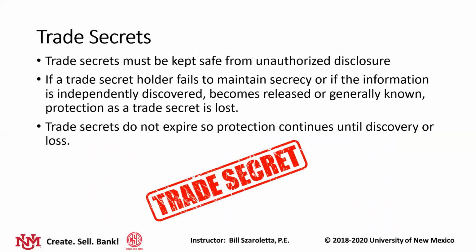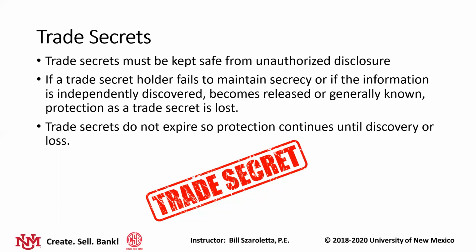But if they are disclosed in a certain way, or if it's unauthorized, there is protection that the U.S. Patent and Trademark Office can give you. If it is an unauthorized disclosure, there can be reprimands for the people who do steal that trade secret.